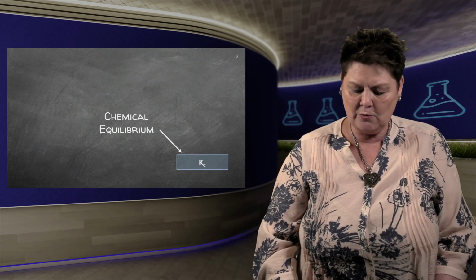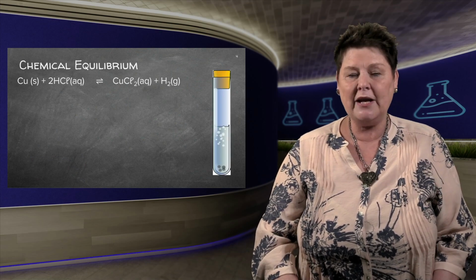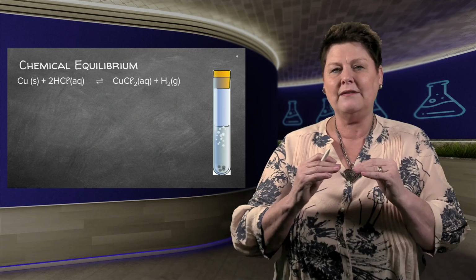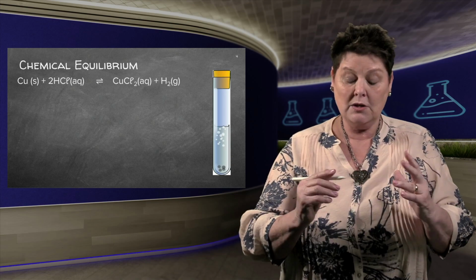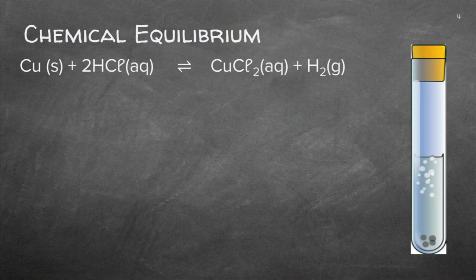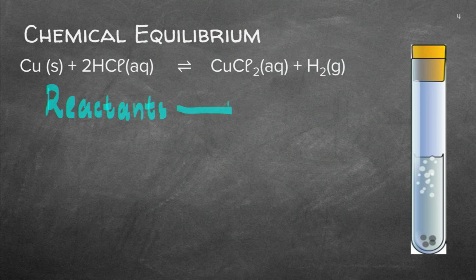So chemical equilibrium is actually when we've got the forward and the reverse reaction happening. So let's write down the reactants are firstly going to become products. You know how it works. It was in a previous lesson where we said we'll start off with reactants becoming products.